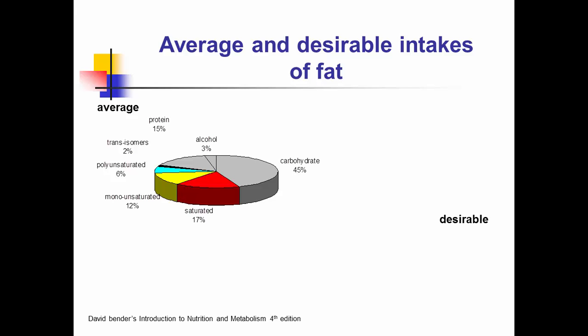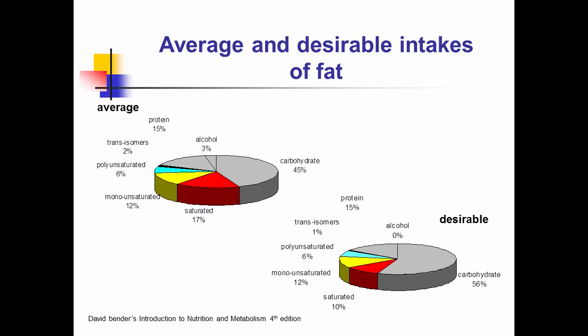And let's see the desirable composition of fat in the diet. We wish we would have less saturated, like 10%, and we're okay with the monounsaturated and polyunsaturated fatty acids, but we have a little bit too much trans fat in the diet.